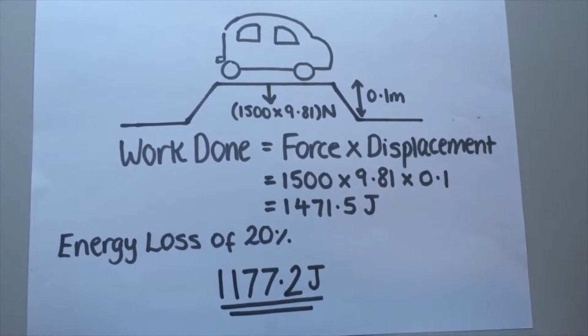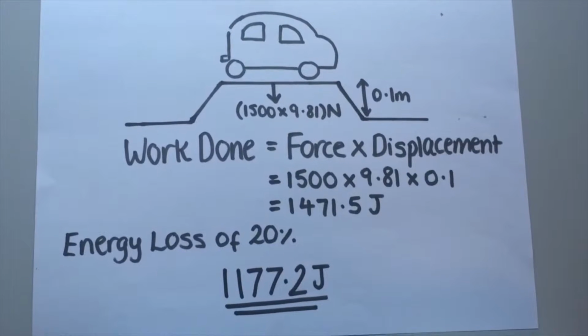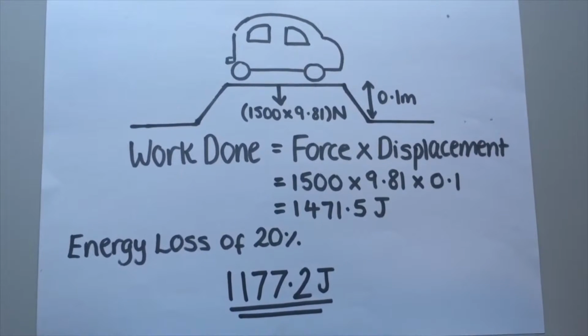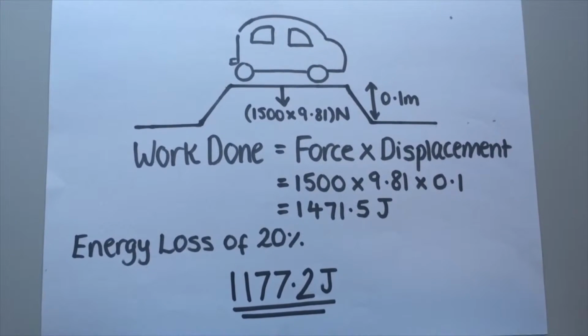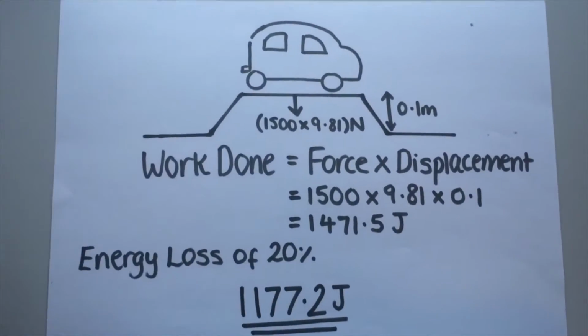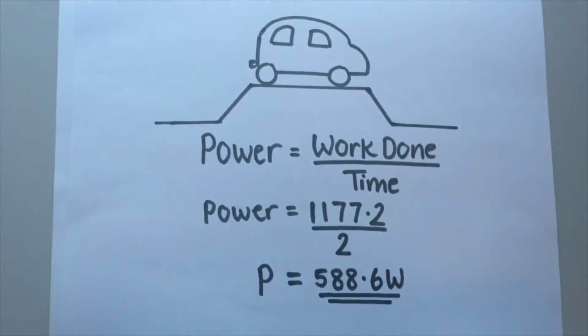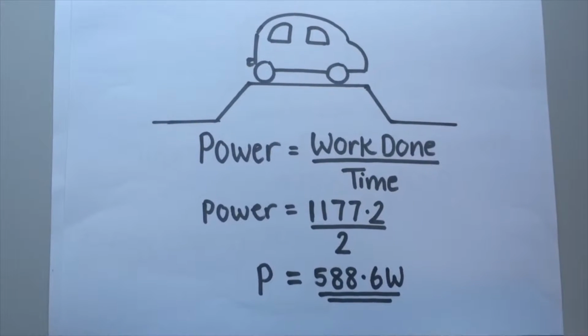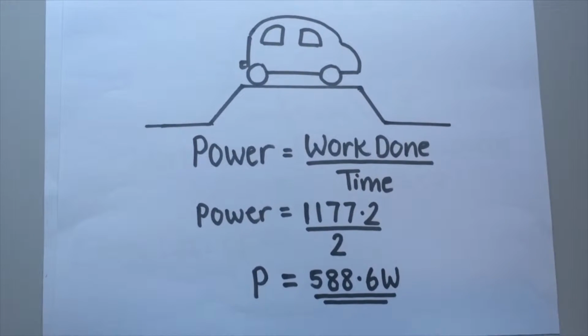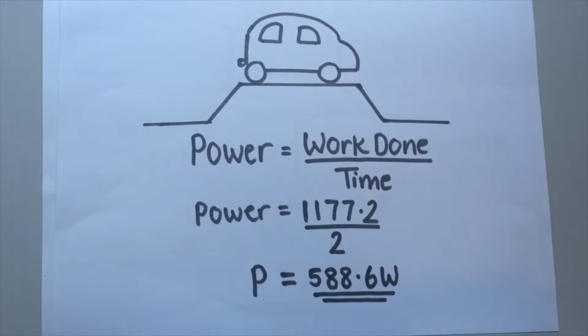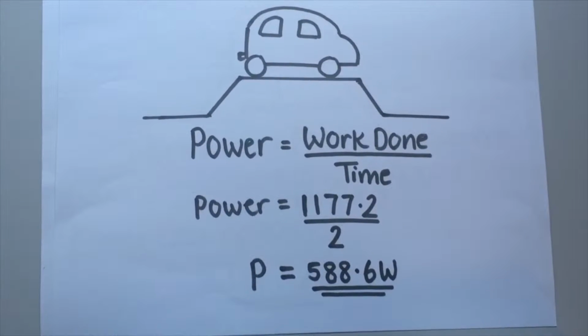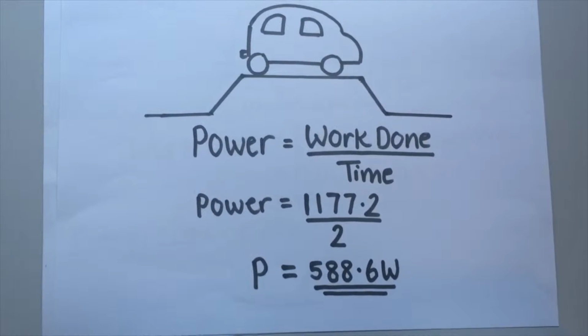However, we need to factor in energy loss. We're assuming that 20% of all energy is lost, for example as heat energy and sound energy. We can now work out the power, using the equation power equals work done over time, where time is 2 seconds as the speed bump is compressed for 2 seconds as the vehicle drives over. This gives us 588.6 watts.